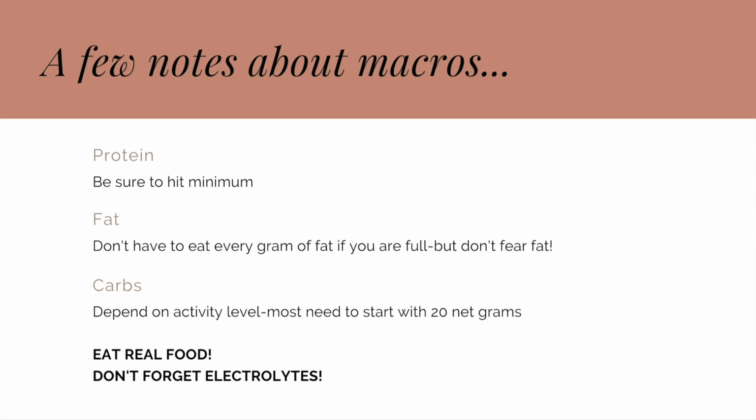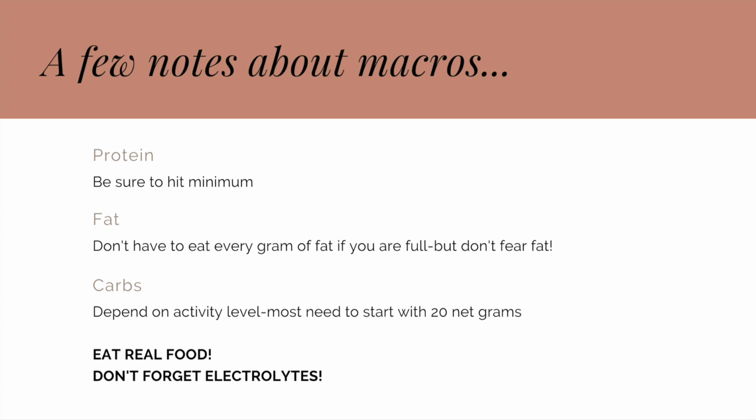All right, so just a few more notes about macros, and then I promise we're going to get into the fun stuff. So with your protein, you want to make sure that you're hitting your minimum. And how we're going to calculate, I'm guessing most of you here are here to lose weight, and you're not quite in the arena of body recomposition yet. So we're going to be calculating these macros for weight loss.